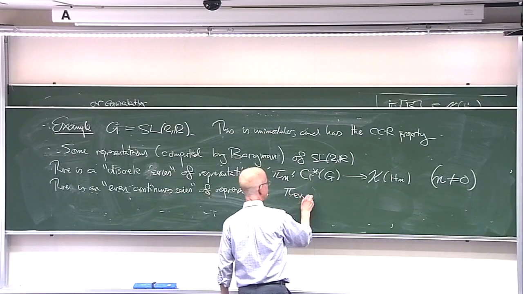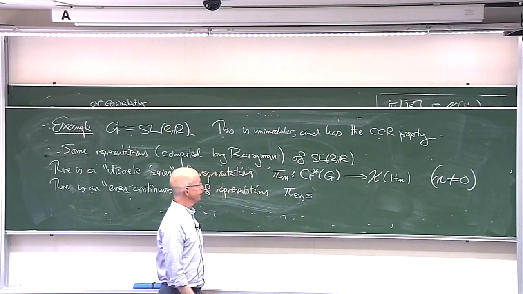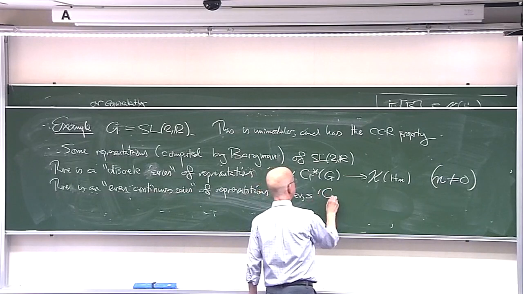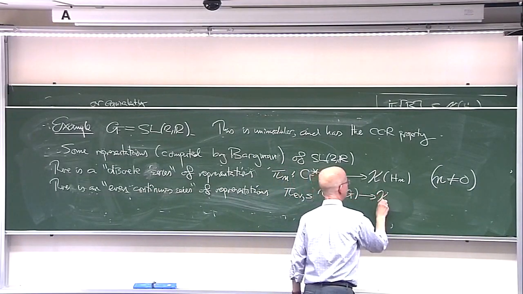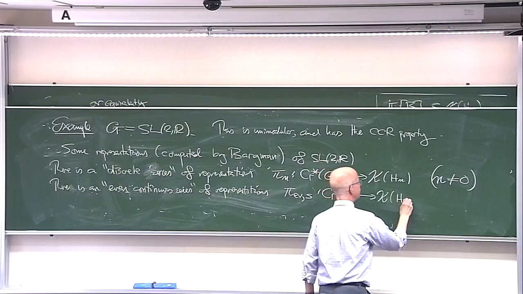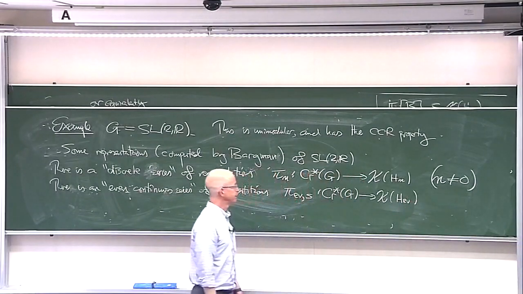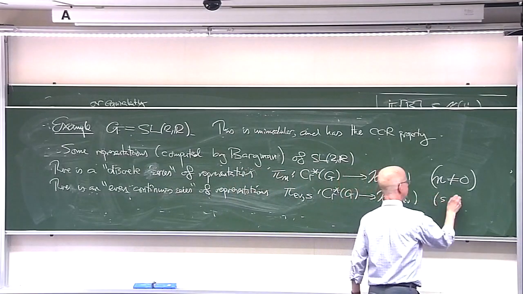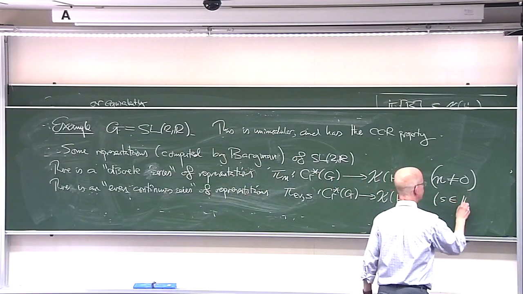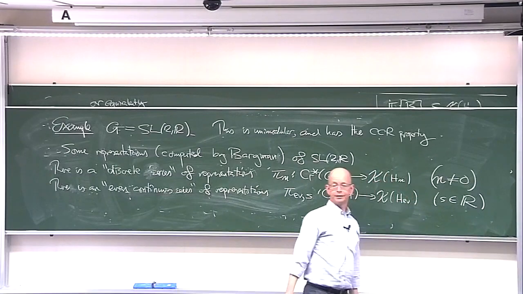I'll put even for even, and then there's a continuous parameter S. They're all represented, and they vary in a continuous way on a single Hilbert space, which I'll call H even, like that. And S here is any, let's say, real parameter.